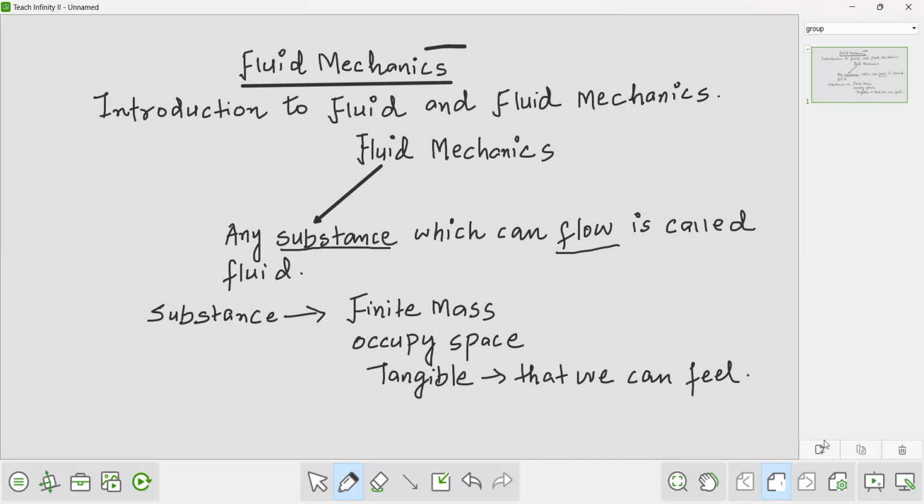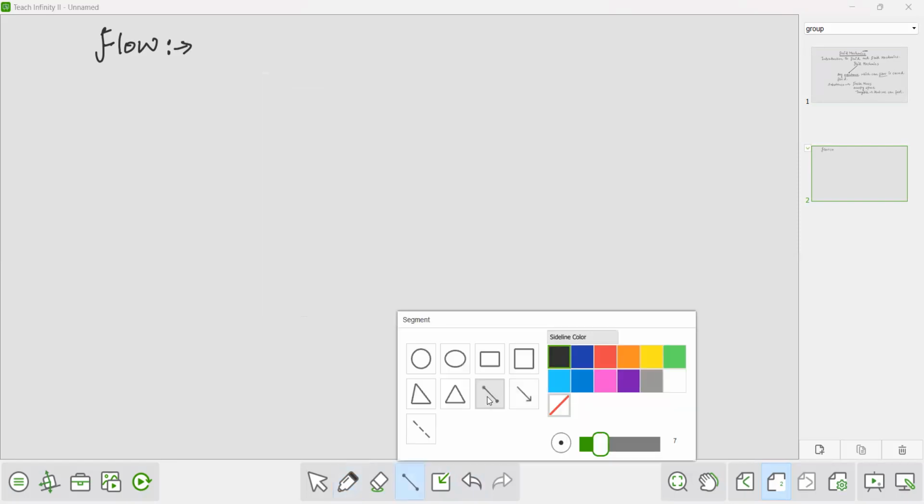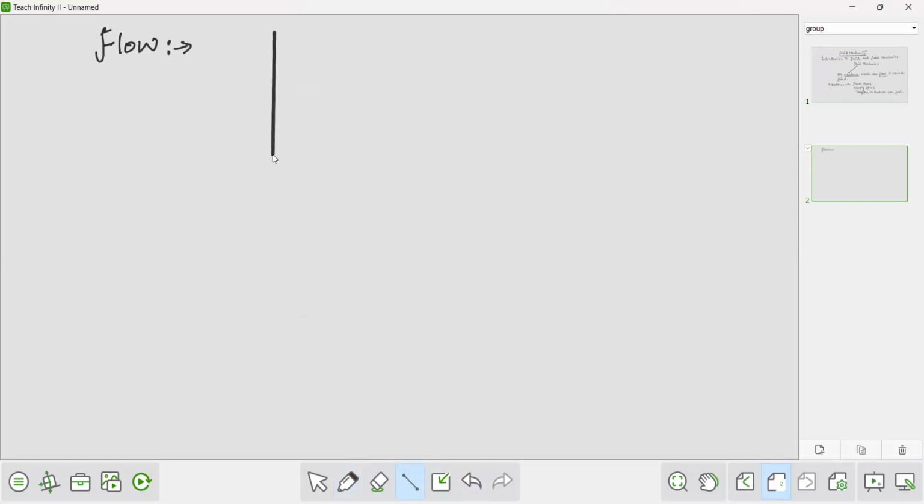And next is, what is flow? If I take a coordinate system like this, and we have different particles like this. These are the particles.